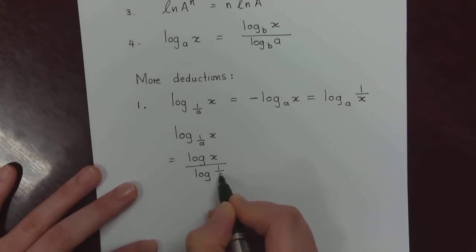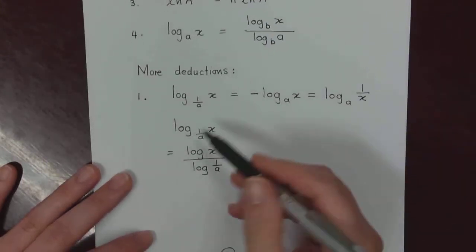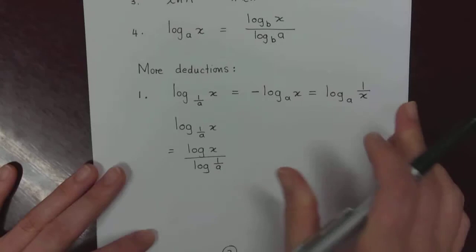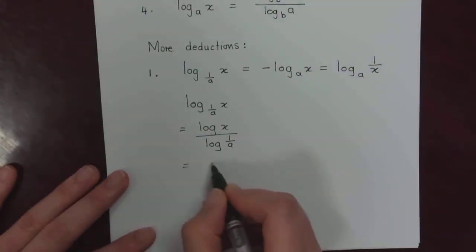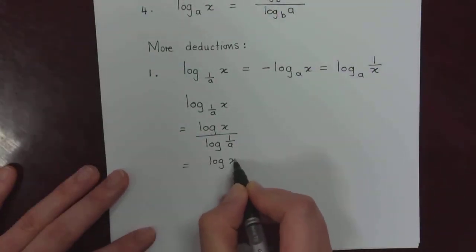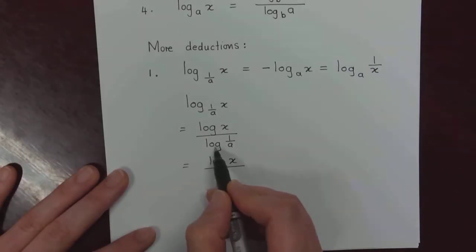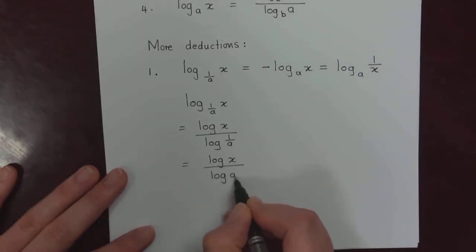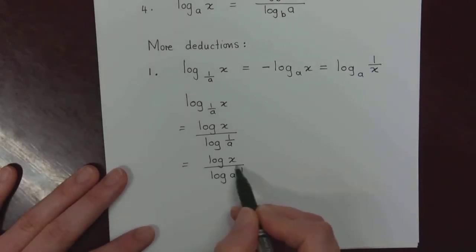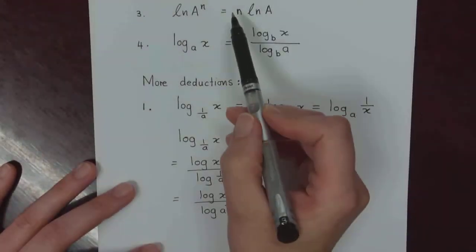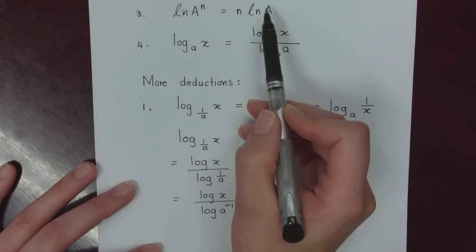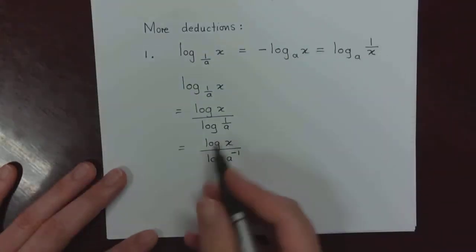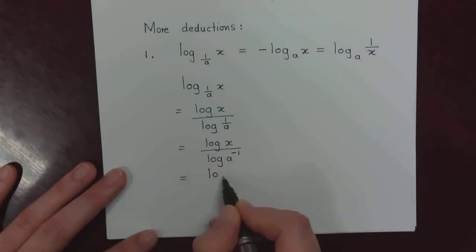I don't really have to pick a specific base there, so I'm going to leave it out, which means the base is 10. So now I understand that this is going to be log of a to the power of negative 1. And that negative 1, using this law, can just be moved to the front of the logarithm. So I can do this.